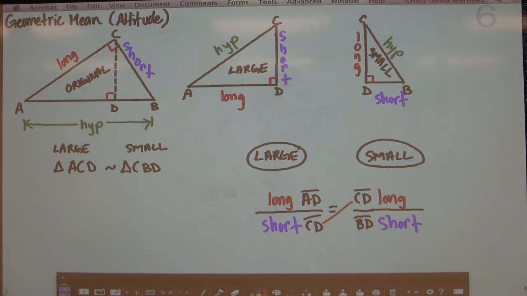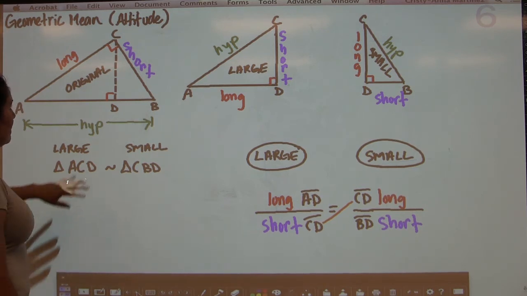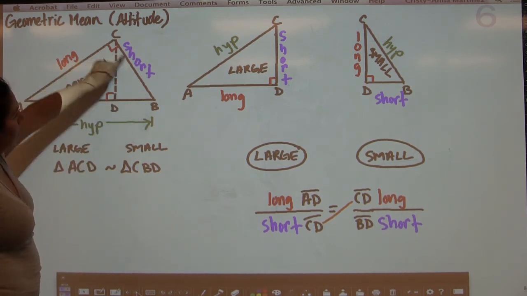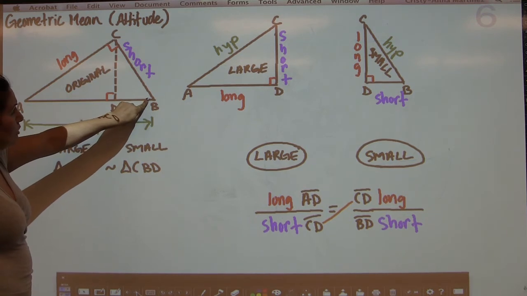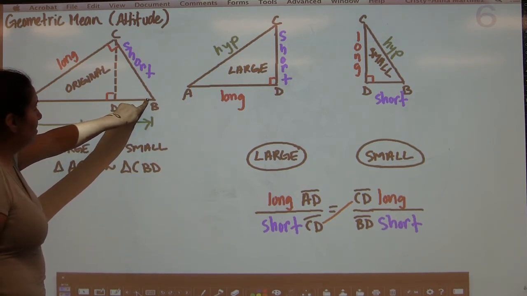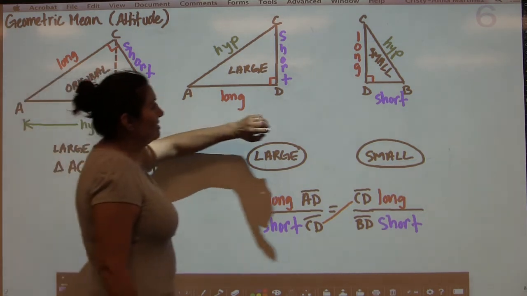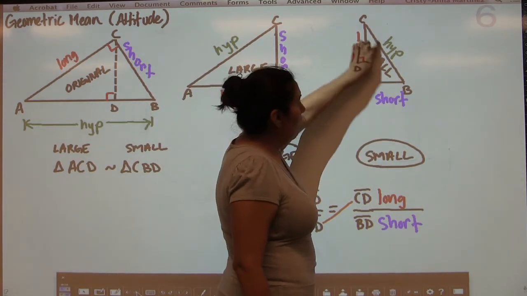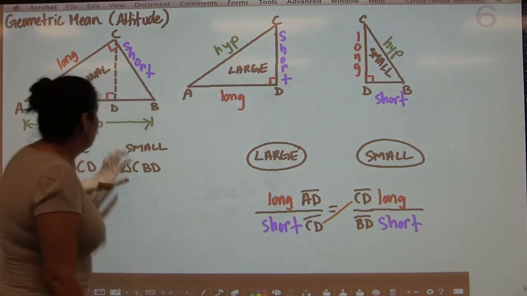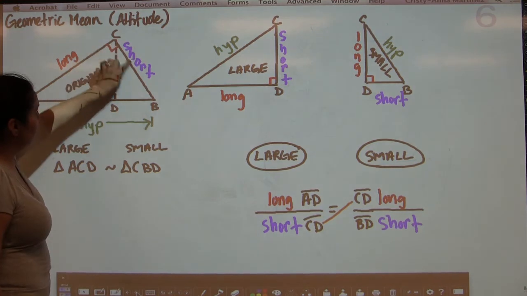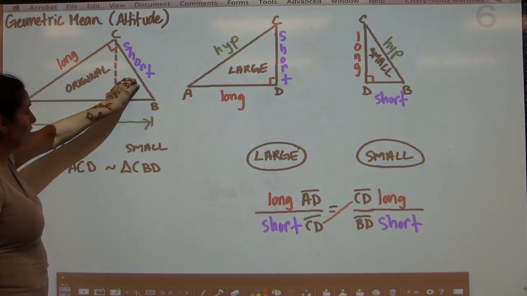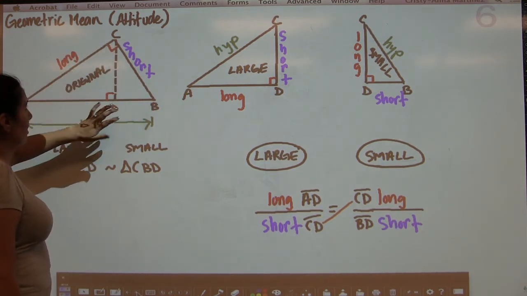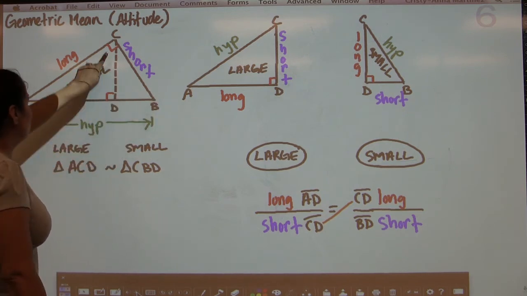I've color-coded the segments. But what you'll notice is that the short leg of the original triangle happens to be the same as the hypotenuse of the small triangle. And you can see that here, this is the small triangle. So this leg here is the hypotenuse of this small triangle, but in the original triangle, it's the short leg. Same is true for the long leg.